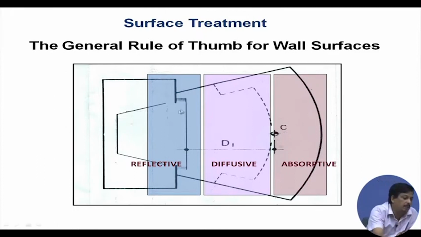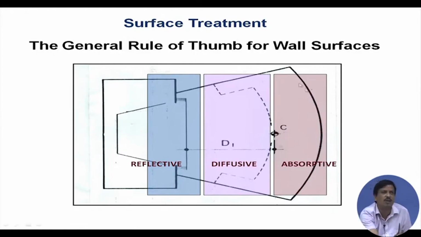Because if the length is long enough, there may be a chance of hearing an echo. To avoid that, the last portion of the auditorium must be as absorptive as possible, so that the reflected sound intensity is very low and the echo is avoided.